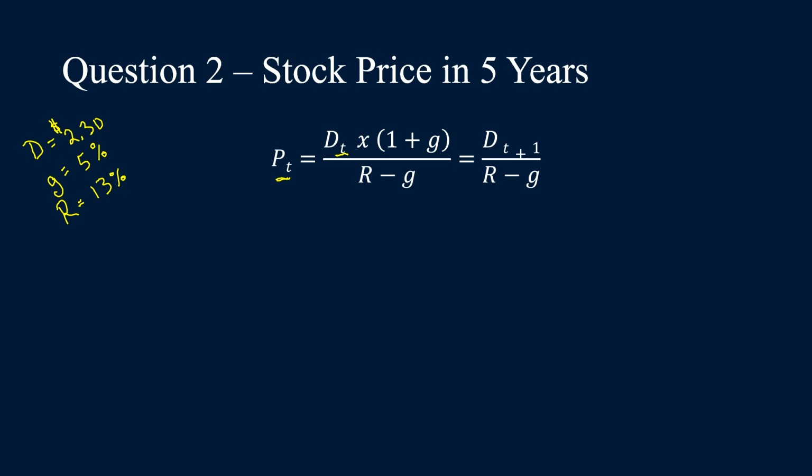To figure that out, we're going to take D5, for 5 years, and we're going to take our current dividend, which is 2.30, times 1 plus the growth rate, which is 0.05, raised to the 5th power.